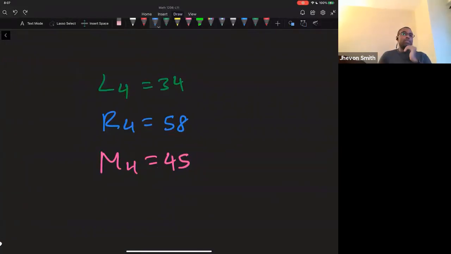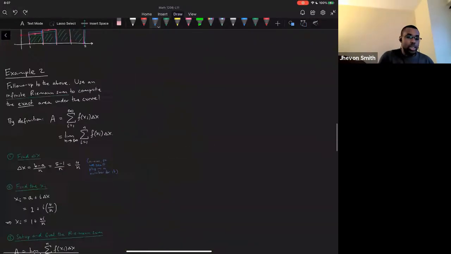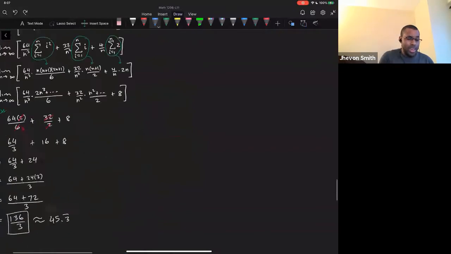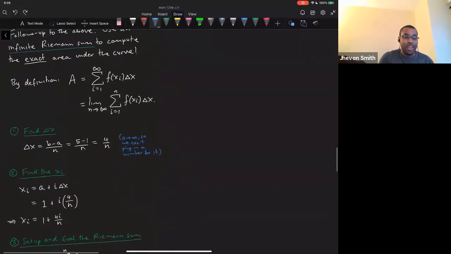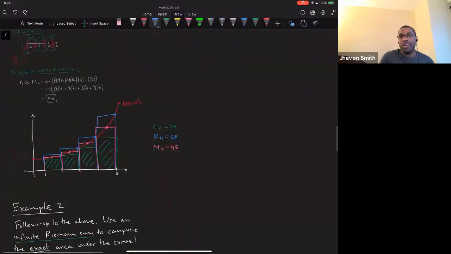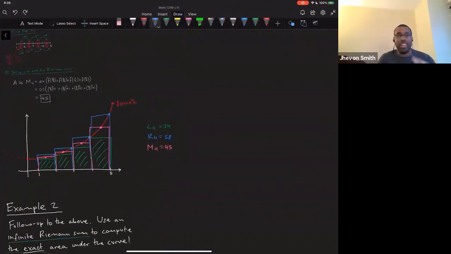And that's what I meant with the efficiency of which method you choose can actually vary greatly, right? So the difference that we get between an infinite number of rectangles and only like 4 is like a third, right? All that extra work for like 0.33, right?